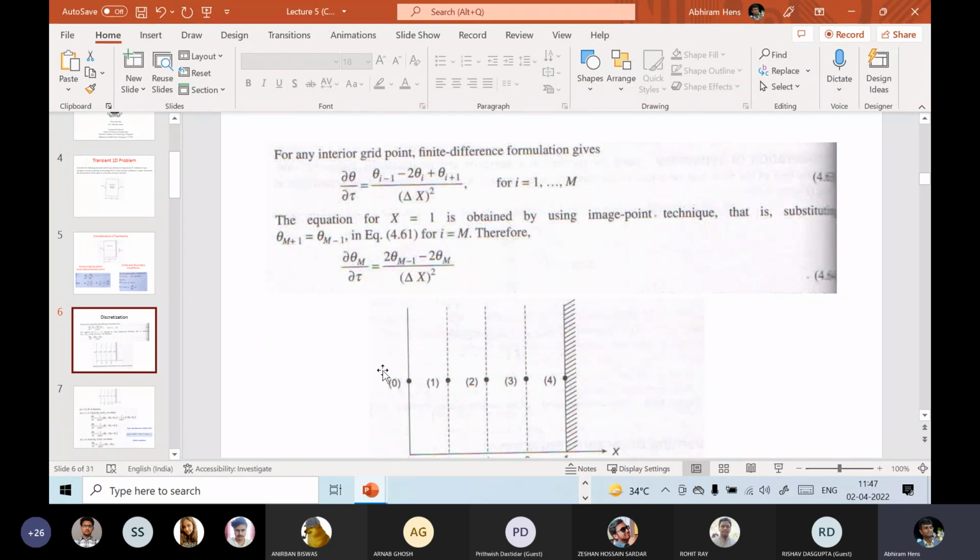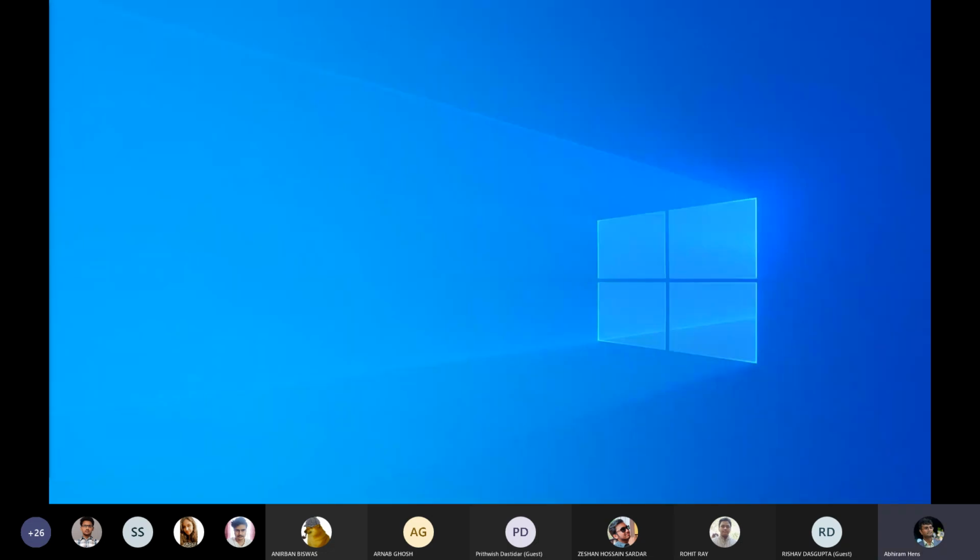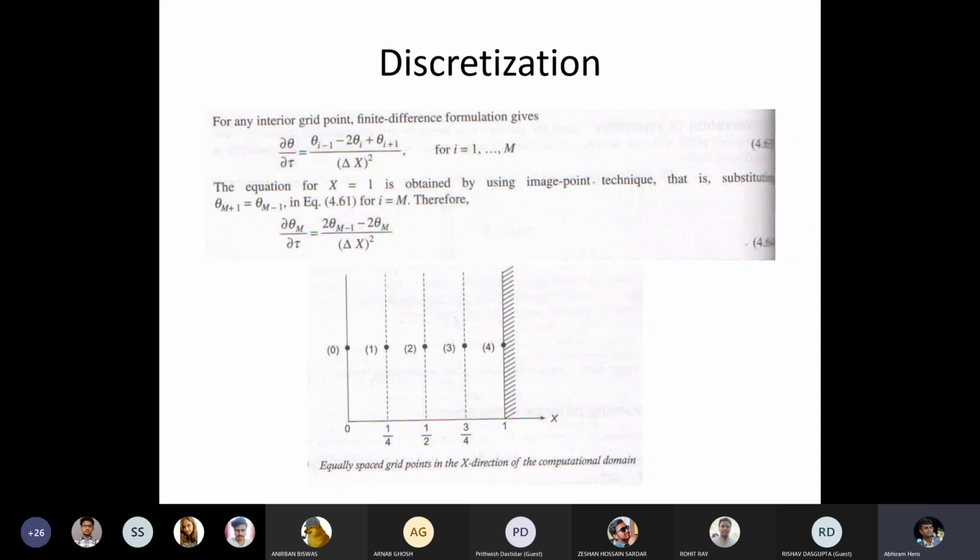One is, as on the left hand side, the Dirichlet boundary condition, where the temperature is specified.